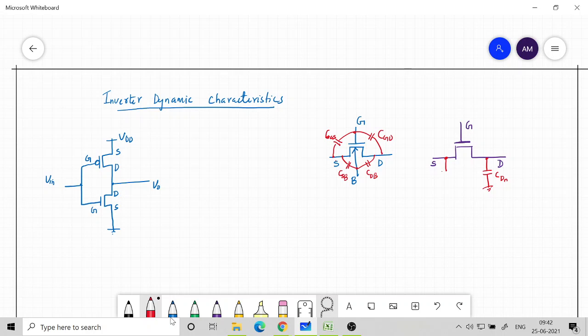Similarly, I can take whatever capacitors are connected to the source, and I will call it CSN. Now what are CSN and CDN? That I have not told earlier, but now I am giving you the definition. CSN is basically CSB plus CGS. These two capacitors, one is between source and gate, another is between source and bulk.